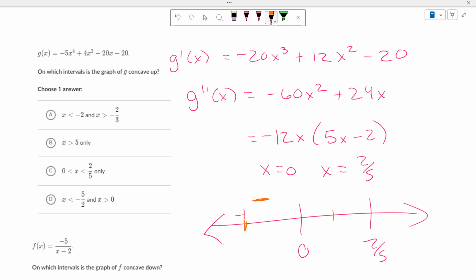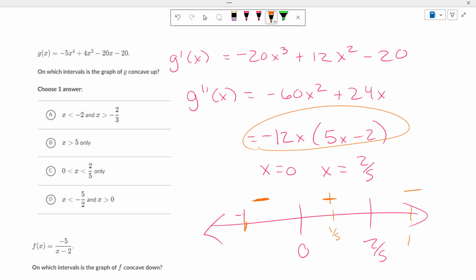If we put in 1/5 into this, we get a positive here, and 5 times 1/5 is 1, minus 2 is a negative. What's a positive times a negative? Negative. If we put a 1 in here, we get a negative times a positive, which is a negative.